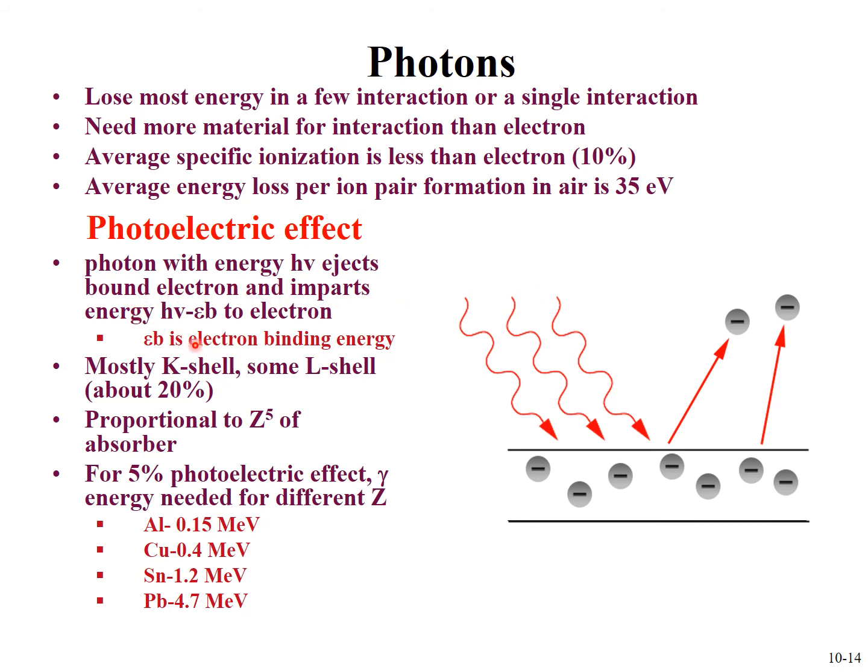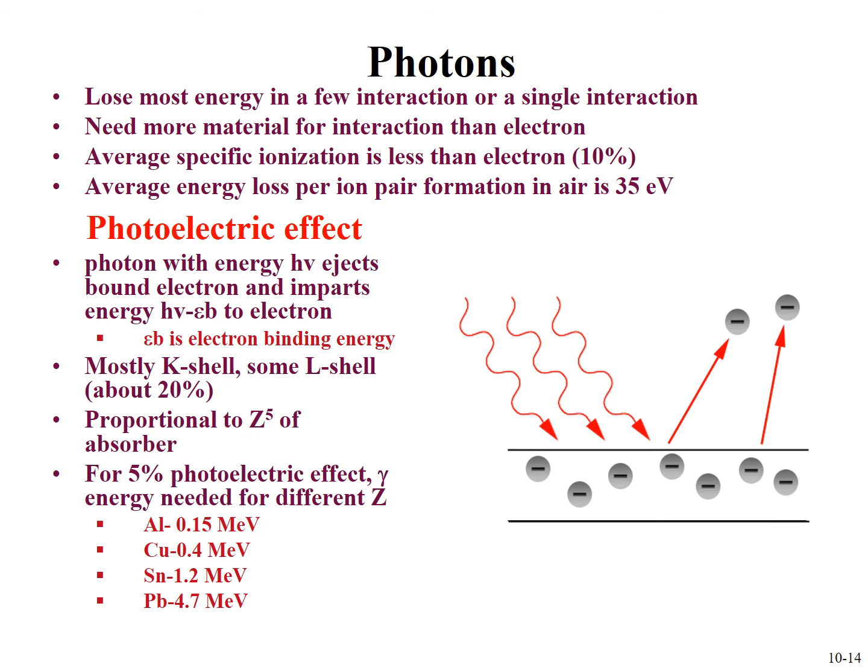This is a tool that has been used to measure binding energies. Most of the electrons that get ejected are the K-shell electrons. There's some L-shell electrons. There's obviously proportionality between electrons and the absorber. So the proportionality is actually Z to the fifth for this absorber.